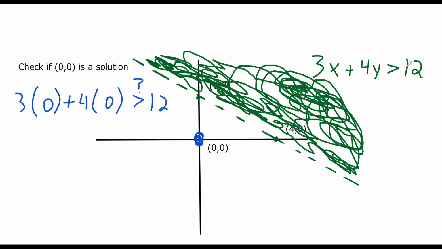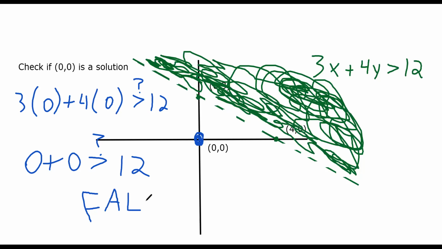I'm really asking, is that true? Well, 3 times 0 is 0, 4 times 0 is 0. Is 0 plus 0 greater than 12? Not on your life. So this is a false statement. That's why this point is not in the solution region. It's not in the shaded region.